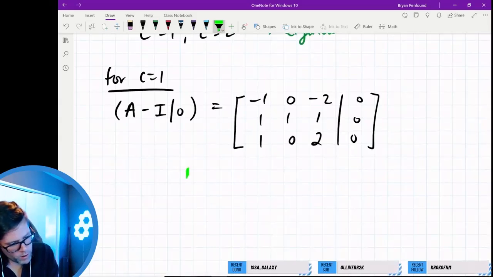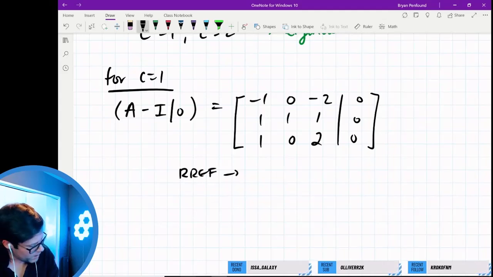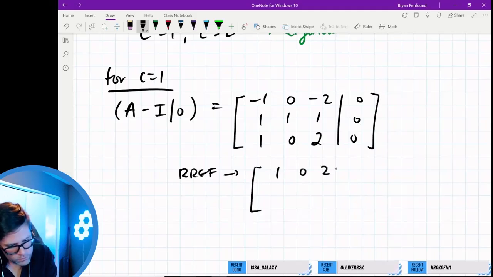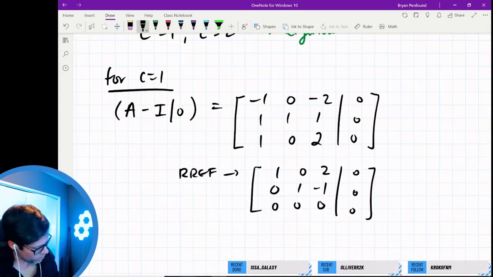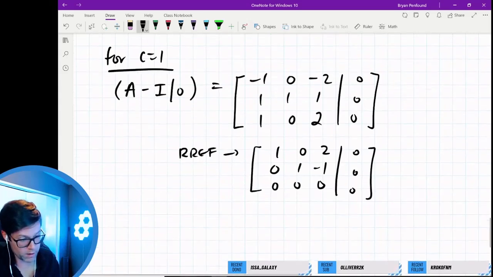And remember, what we want is the reduced row echelon form. So we can go through a little bit of work to get the reduced row echelon form. I'm not going to show you that work, since I feel like most of those who are in the reading group have probably taken an introductory linear algebra course, so you've probably done a little bit of this work already.